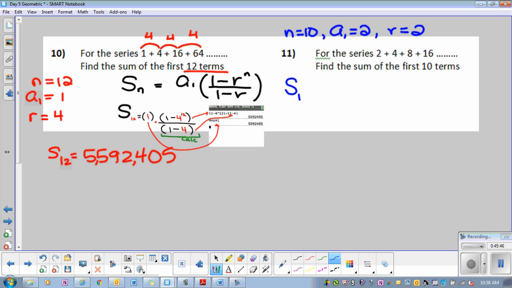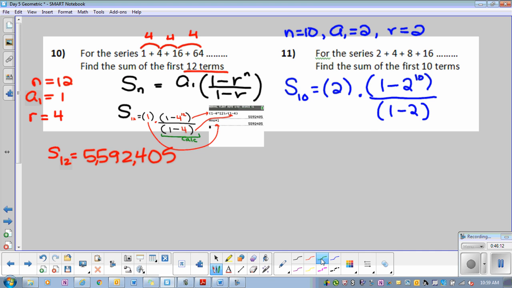S sub 10 equals, what is a sub 1? 2 times, what is that? 1 minus 2 to the 10th power divided by 1 minus 2, right?